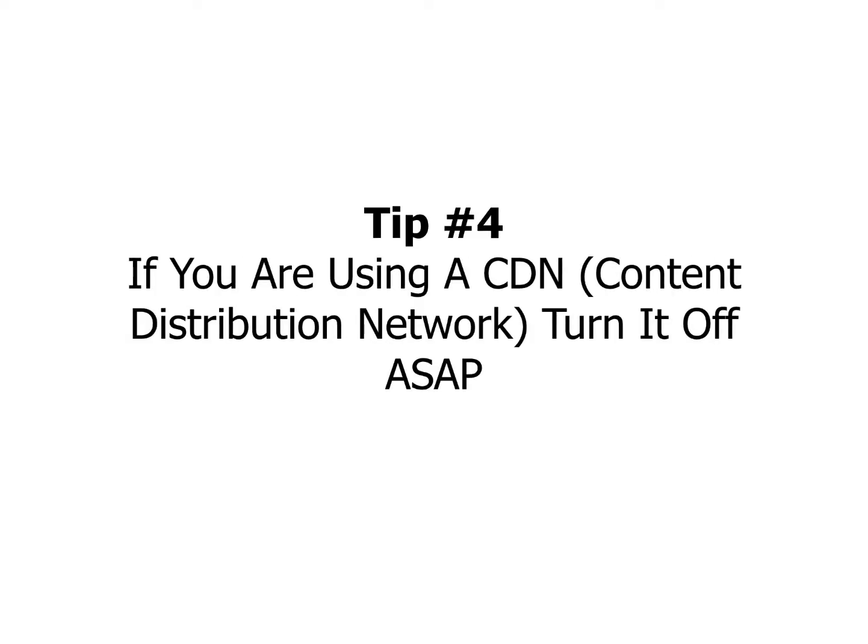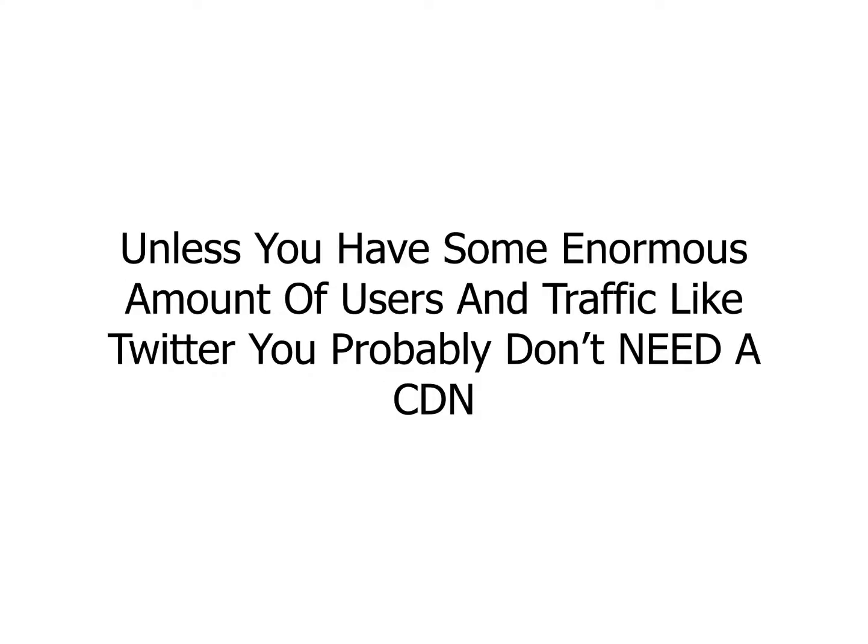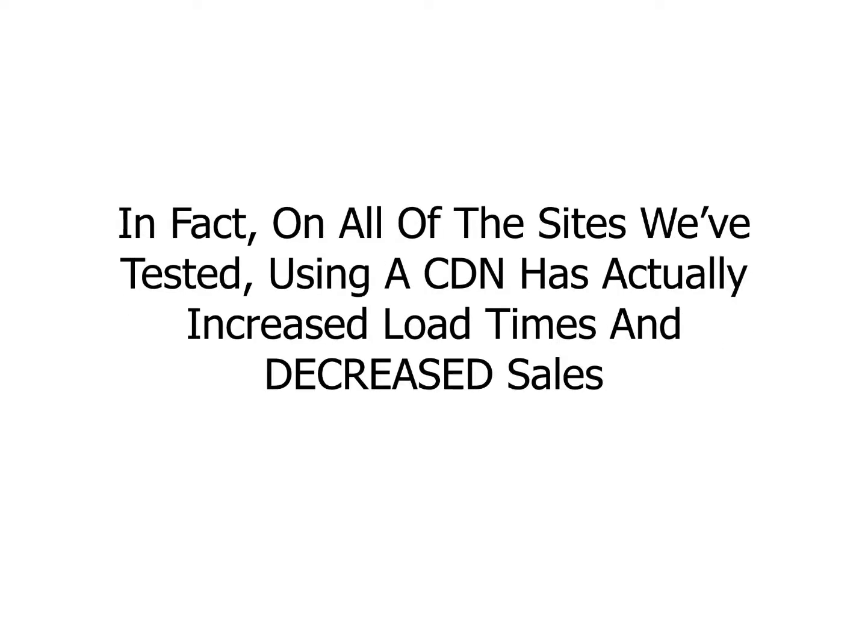So tip number 4, if you're using a CDN or content distribution network, turn it off immediately. Unless you have some enormous amount of users and traffic like Twitter does or some other gigantic website, you probably don't need a CDN. In fact, on all of the sites we've tested, using a CDN has actually increased load times and decreased sales.